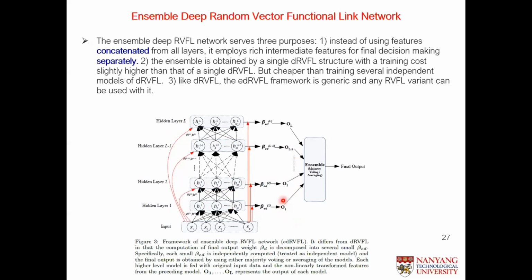So when you have multiple output values, we can make use of the ensemble methods. The simple one is majority voting. So for example, you can use majority voting from all these outputs and obtain the final output. And we found this version to be really interesting. So most of our current extensions are based on this ensemble deep RVFL version.